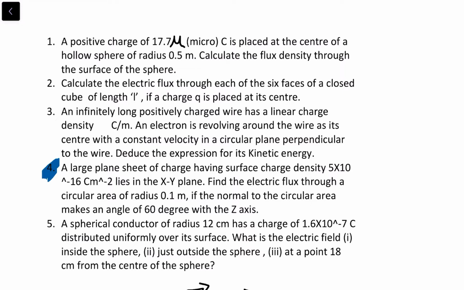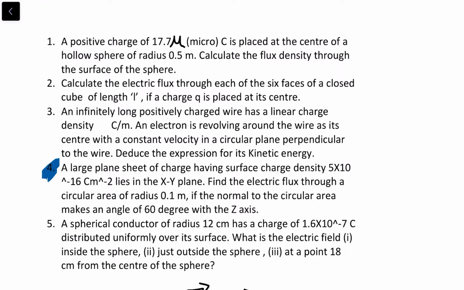There is a plane sheet of charge of surface charge density 5 into 10 to the power of minus 16 coulomb per meter square, lying in the xy plane. We have to find the electric flux through a circular area of radius 0.1 meter if the normal to the circular area makes an angle 60 degrees with the z-axis.